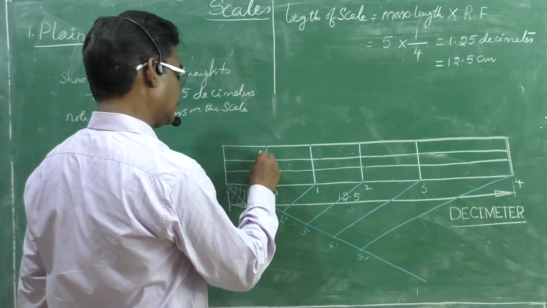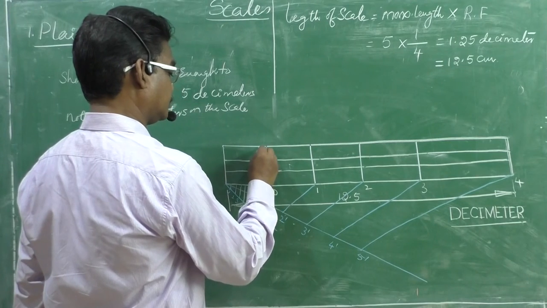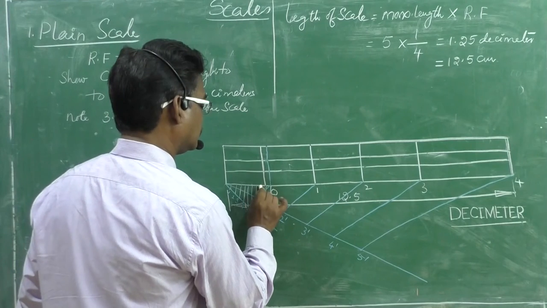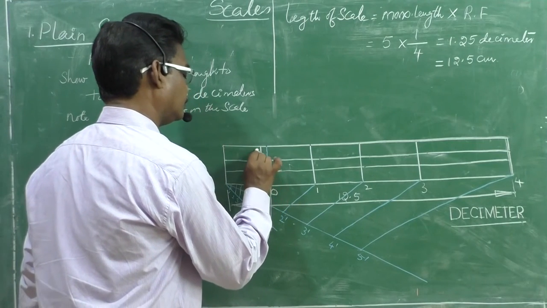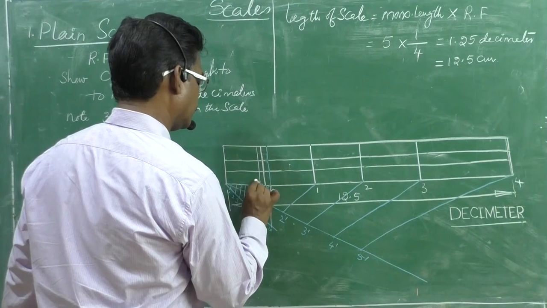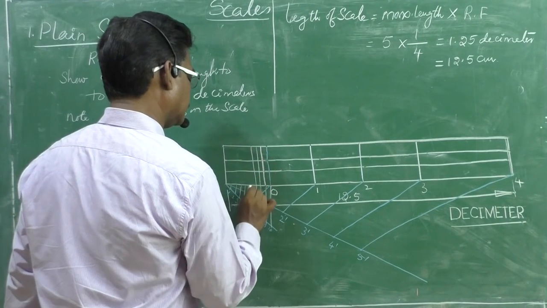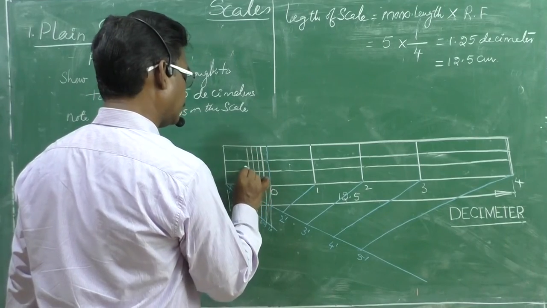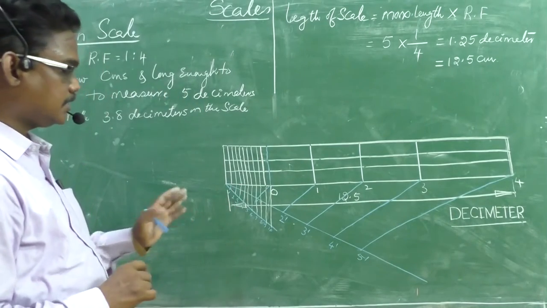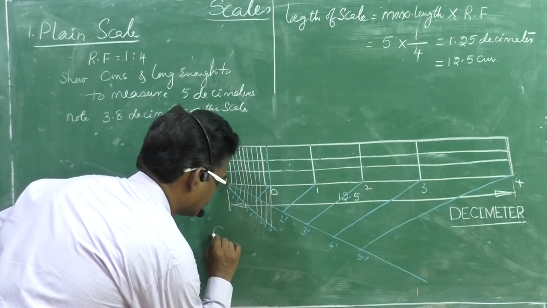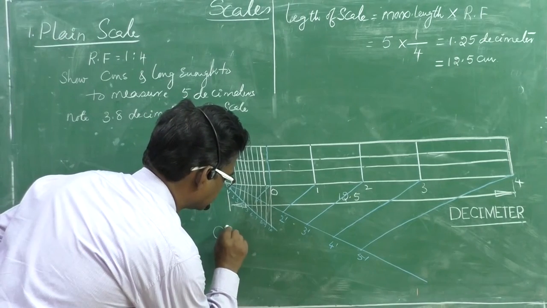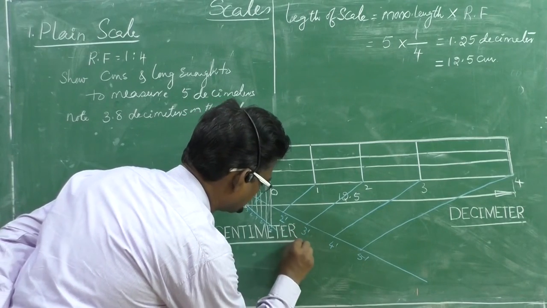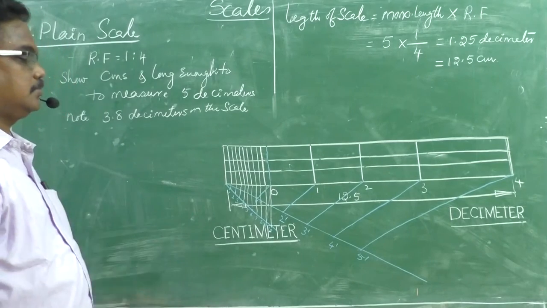This I can note here: 1, 2, 3, 4, 5. These are centimeters. Therefore, here you need to write centimeter. That means centimeter again.